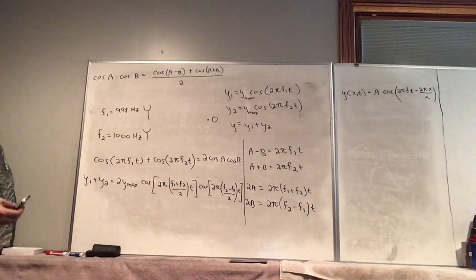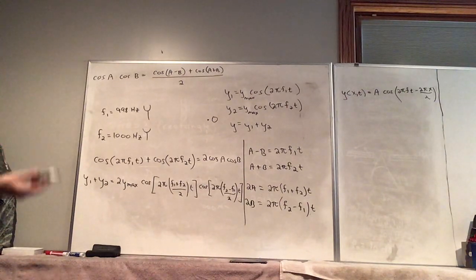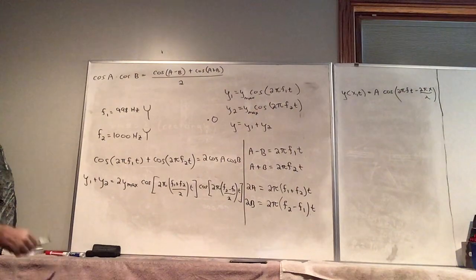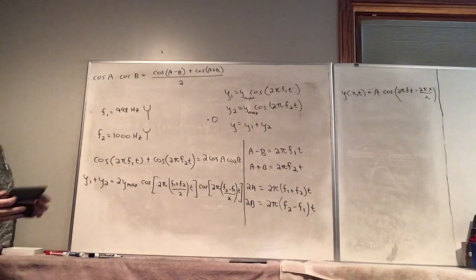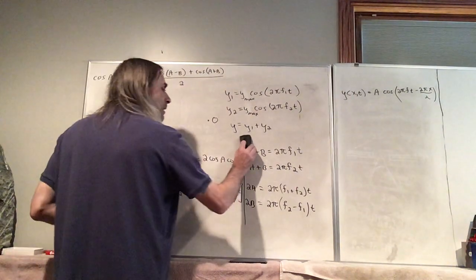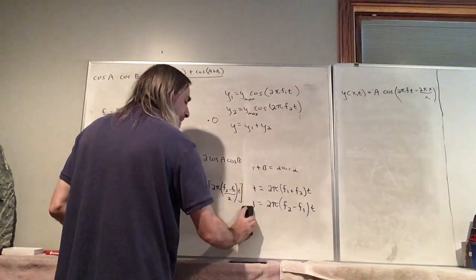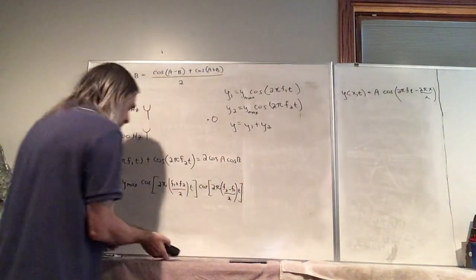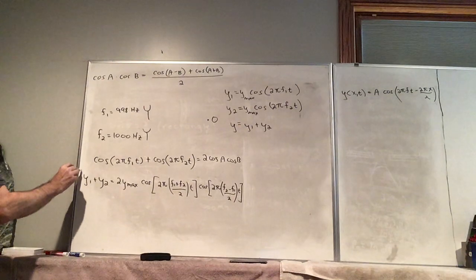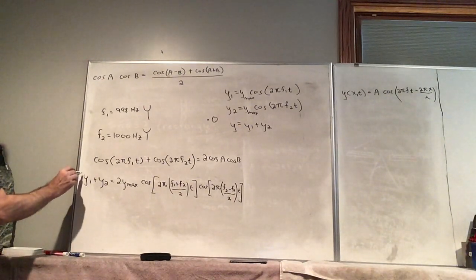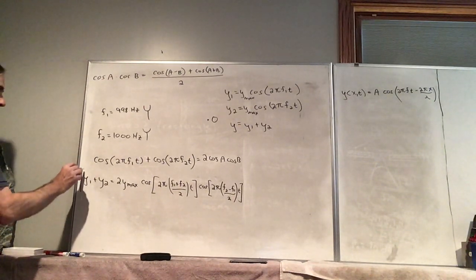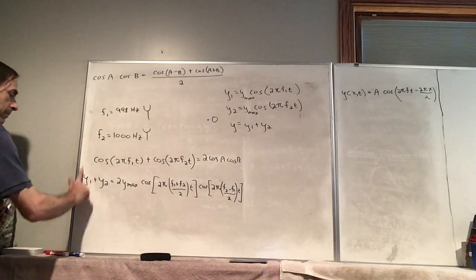Okay, so let's look at this. I think I'm going to erase this. We used it, we don't need it anymore, so let's get rid of it. And let's just put a big circle around the final result. Actually, I can do one more thing.